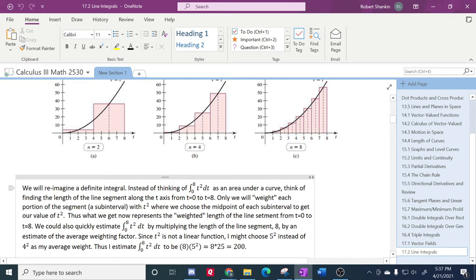All right, thus I estimate the integral from 0 to 8 of t squared dt to be 8 times 5 squared, weighting it with a representative or average weight, and 8 times 25 is 200.